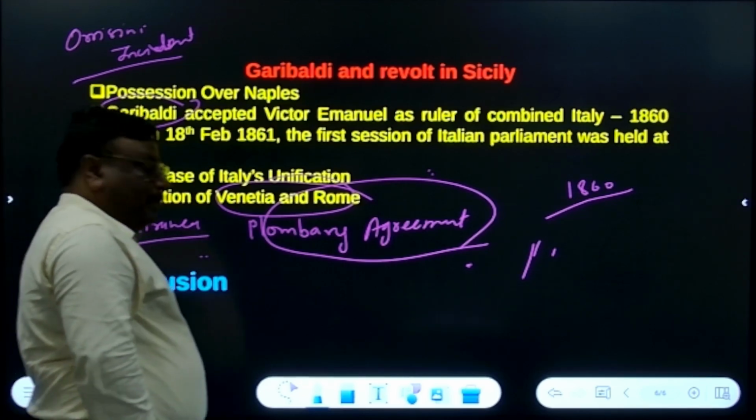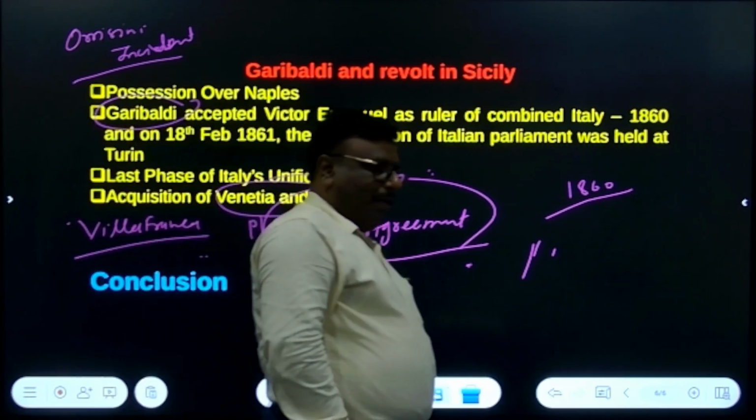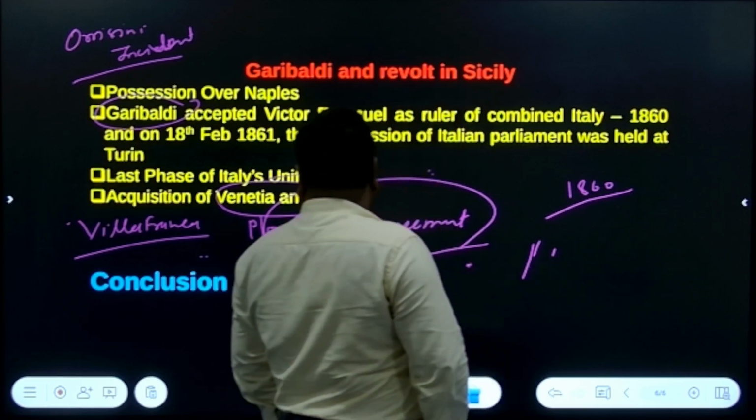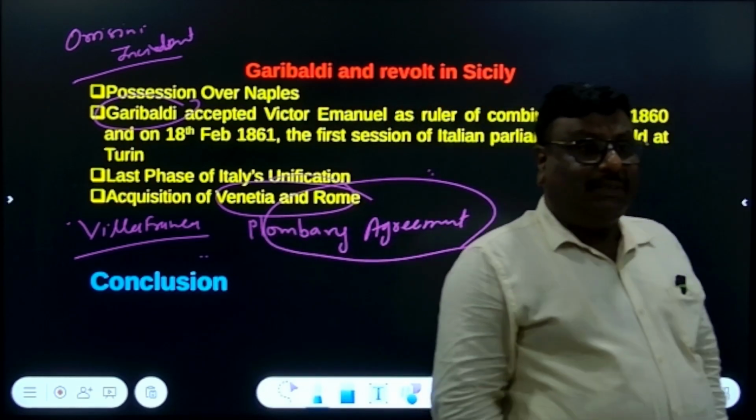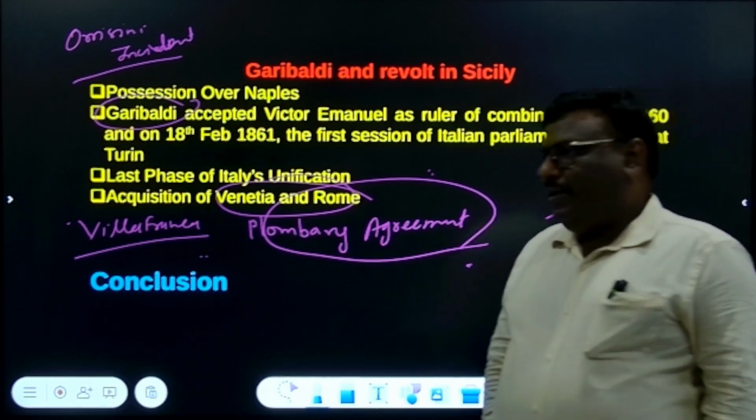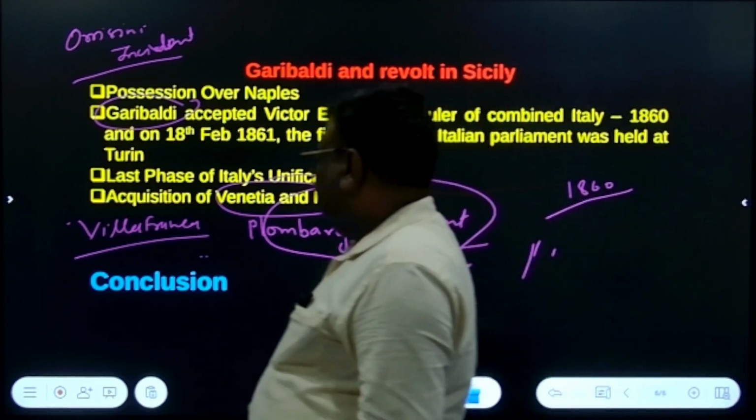Since Venetia was under the control of Austria, once Austria was defeated during the Austro-Prussian War, Venetia was merged with Italy.